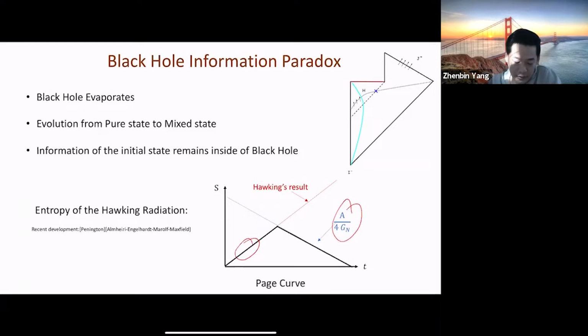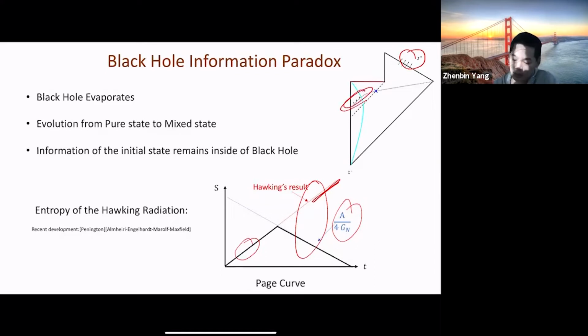If we think about the key of this problem, of why we have this tension after the Page time, one finds that the key is actually a state counting problem. That is, at the latest times, in Hawking's calculation, we have so much entropy because the radiation is entangled with a lot of interior Hawking partners.